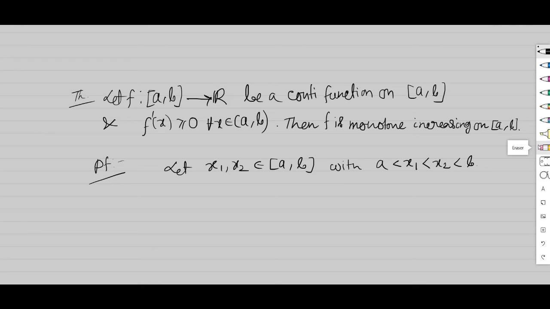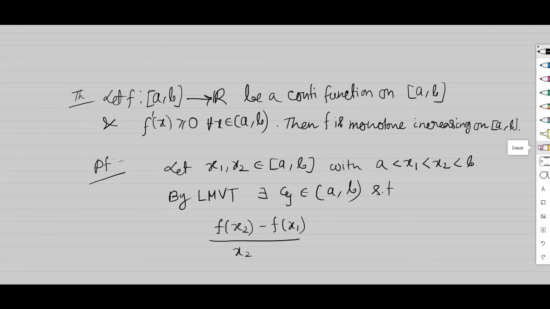So by LMVT there exists a xi in the open interval a comma b such that f of x2 minus f of x1 by x2 minus x1 is equal to f dash xi.